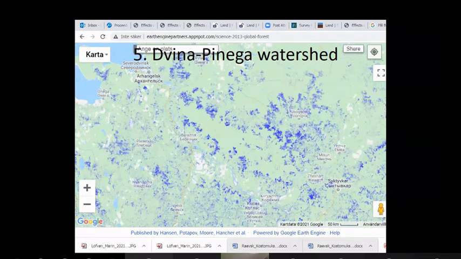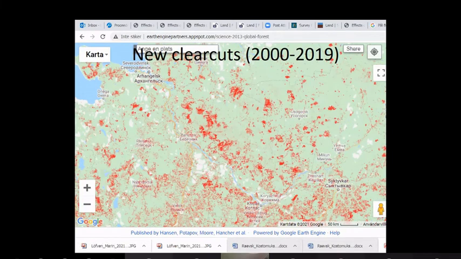An interesting place is the Dvina-Pinega watershed. So this is between Arkhangelsk Oblast and Syktyvkar in Komi, or rather between Kotlas. And this is the river Dvina, and this is the river Pinega. So this area between the rivers is a well-known intact forest landscape. And again, the same pattern.